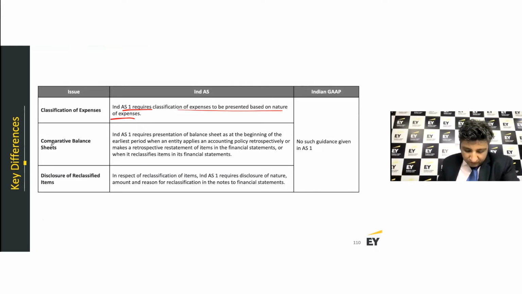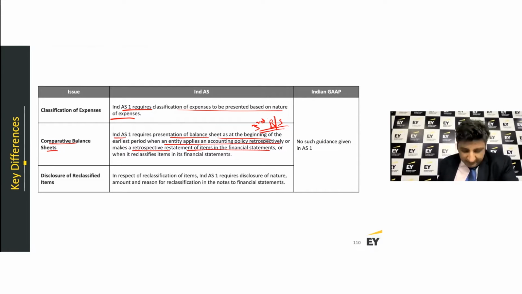Also, there's a requirement under Ind AS to present the balance sheets and the other financial statements on a comparative basis. This was also the case under AS 1. However, in case there is a change in accounting policy or a retrospective adjustment to be made, then the relevance of a third balance sheet is emphasized under the Ind AS perspective.